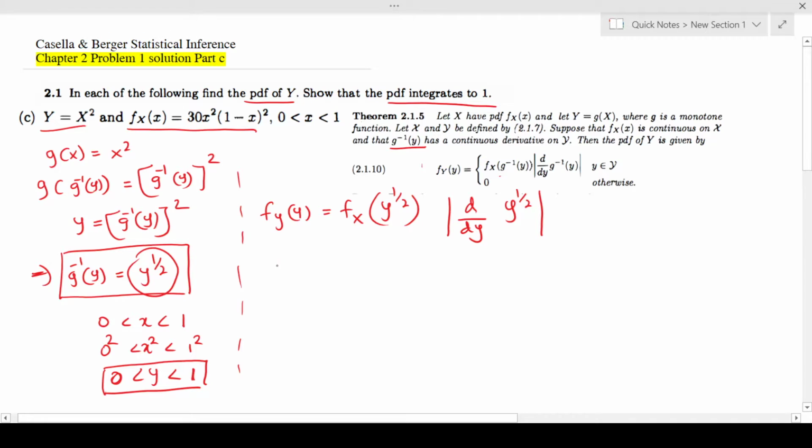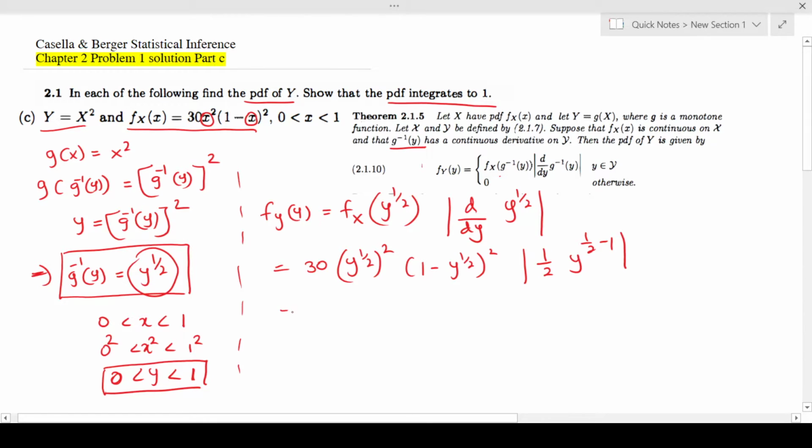Now f_X of y to the power half means that in this equation, wherever there is x, you plug in y to the power half, so this reduces to 30 times y to the power half squared times (1 minus y to the power half) whole thing squared. When you take the derivative of y to the power half, this becomes 1 half y to the power half minus 1, so this becomes half y to the power negative half.